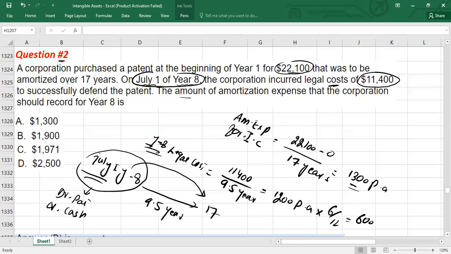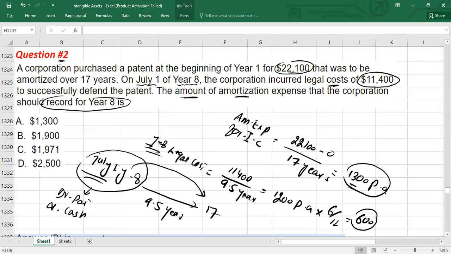Now look at the question. The question is what is the amount of amortization expense that the corporation should record for year 8. First of all, you will take this value, the amortization expense for the initial cost, because every year you will get 1,300, plus you will take this 600 because you have also incurred 11,400 cost to defend your patent, and for that your amortization for 6 months will be 600.